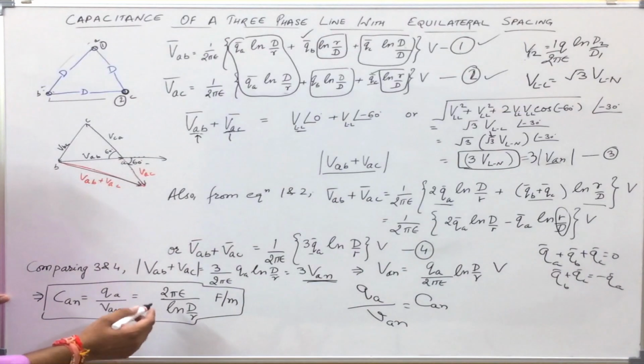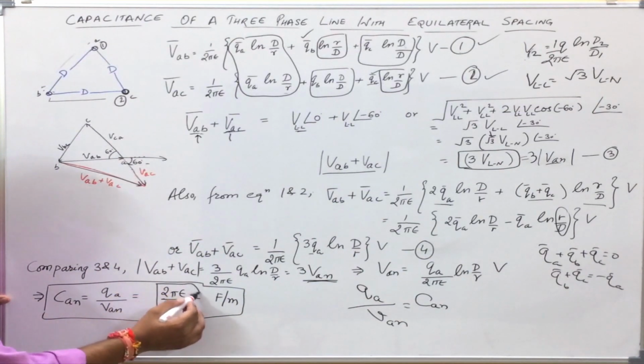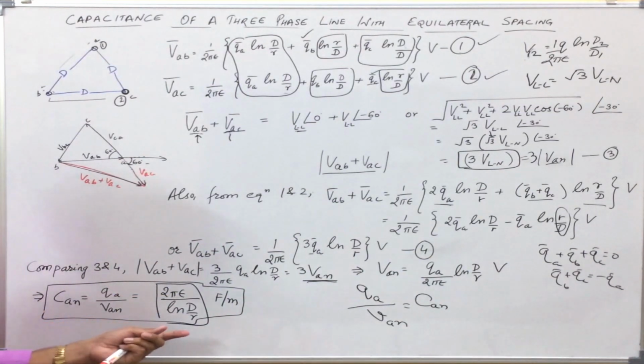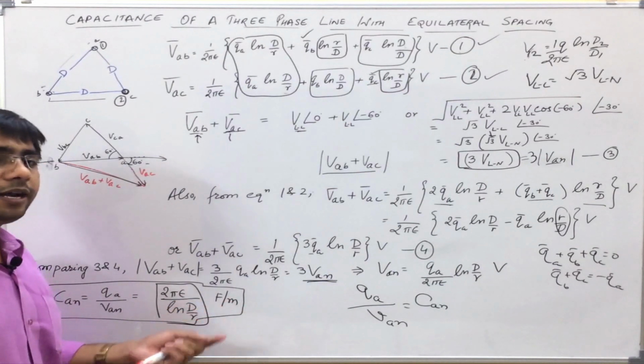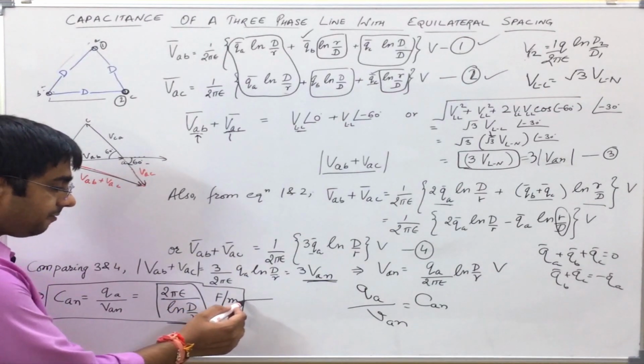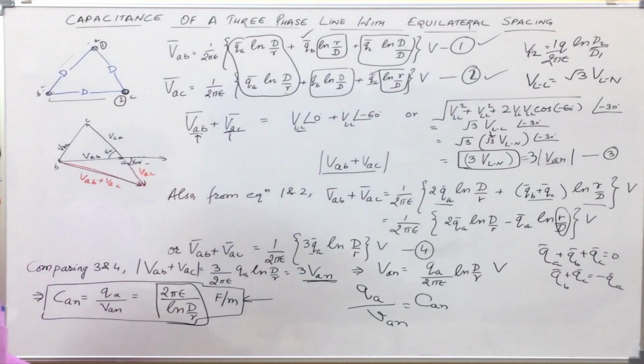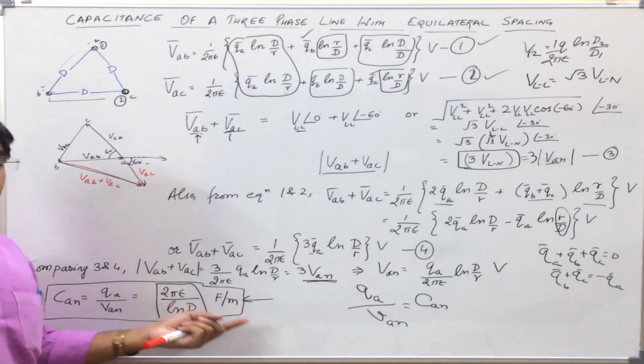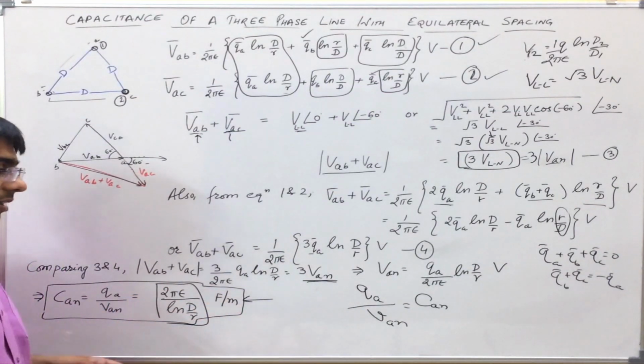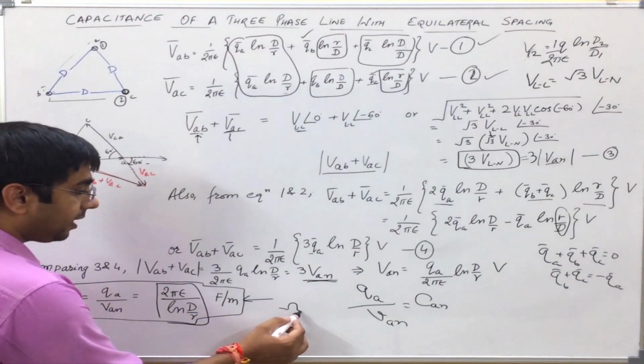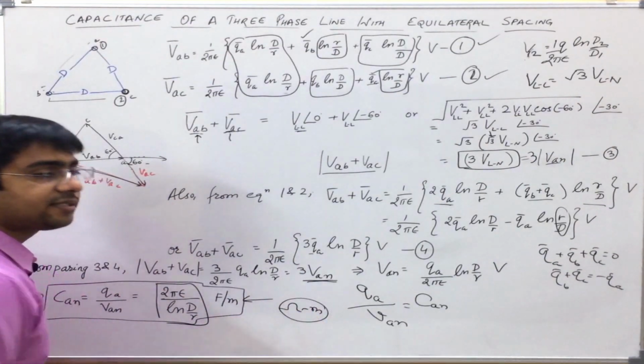So this will come out to be 2 pi epsilon upon natural log D by R farad per meter. Note the units, it is farad per meter. Now if I want to convert into ohm, then I will get the value in ohm meter. Let us see in the next slide.